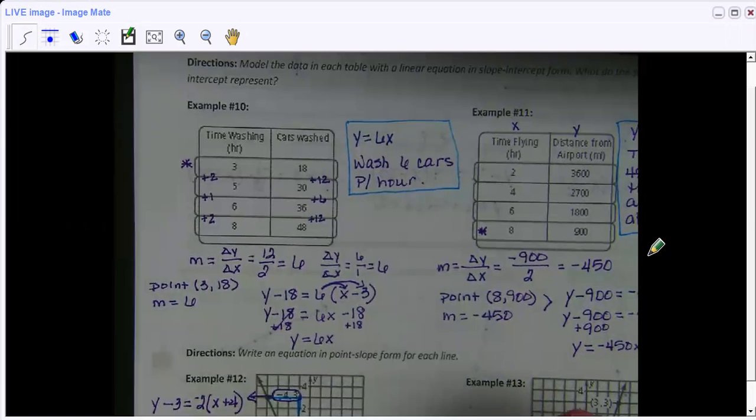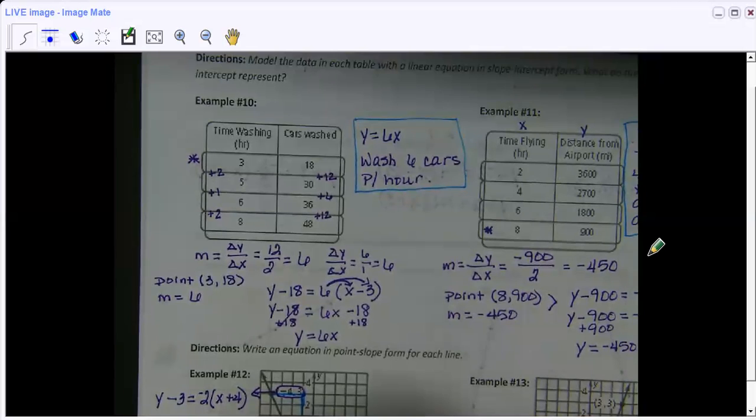You don't have to turn this into a slope-intercept equation. I'm just asking you to find the point-slope equation of the next point on that graph. Andrew? Y plus 3 equals negative 2 times x plus 1. Yes. There you go.